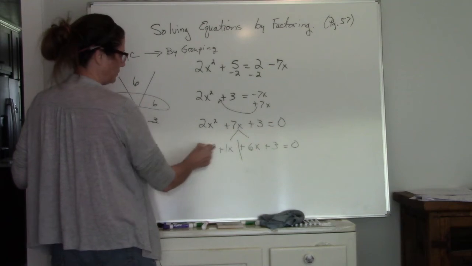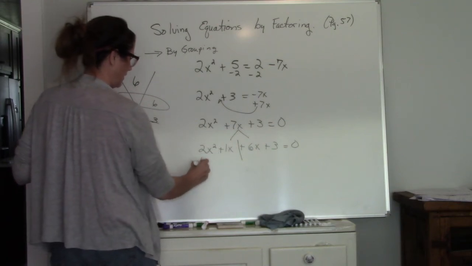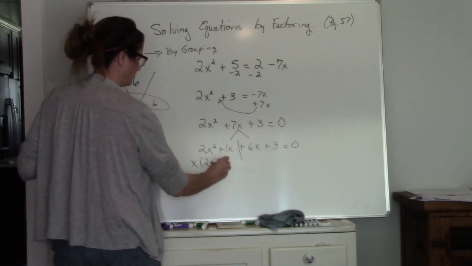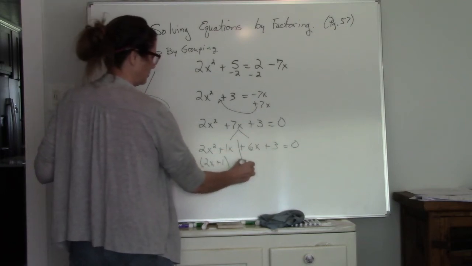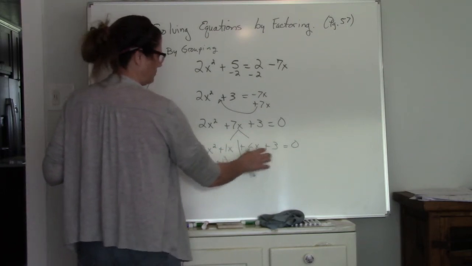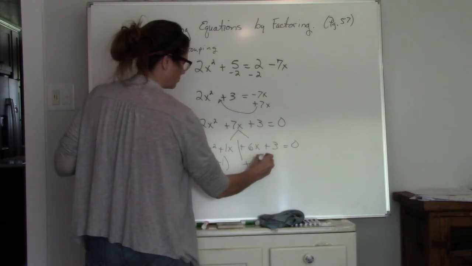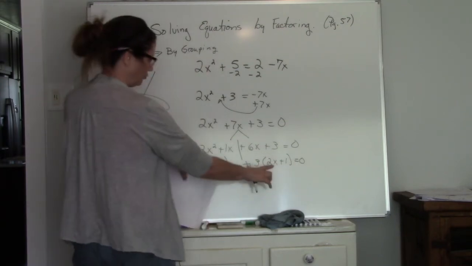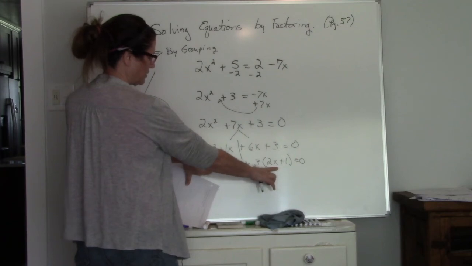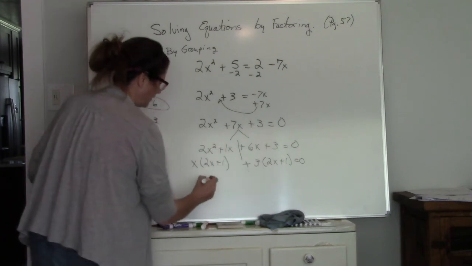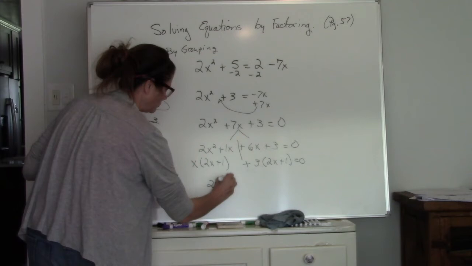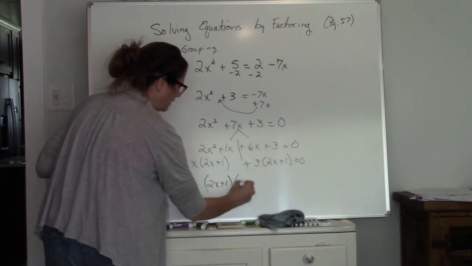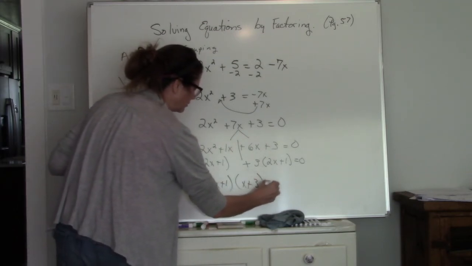What's in common between the first two is an x. I use this symbol again. What's in common between 6x and 3 is 3. If you notice, what's in the parentheses is the same. So I end up with 2x plus 1 in one set of parentheses and x plus 3 in the other.